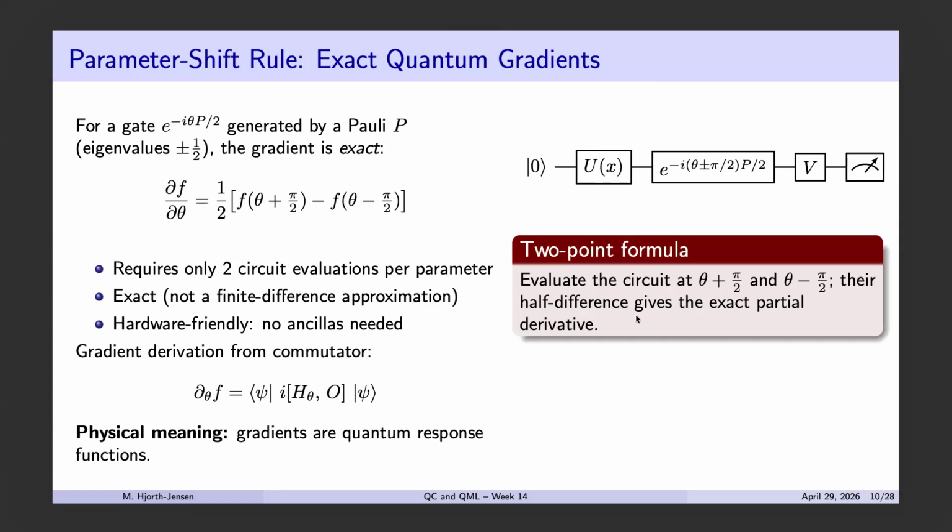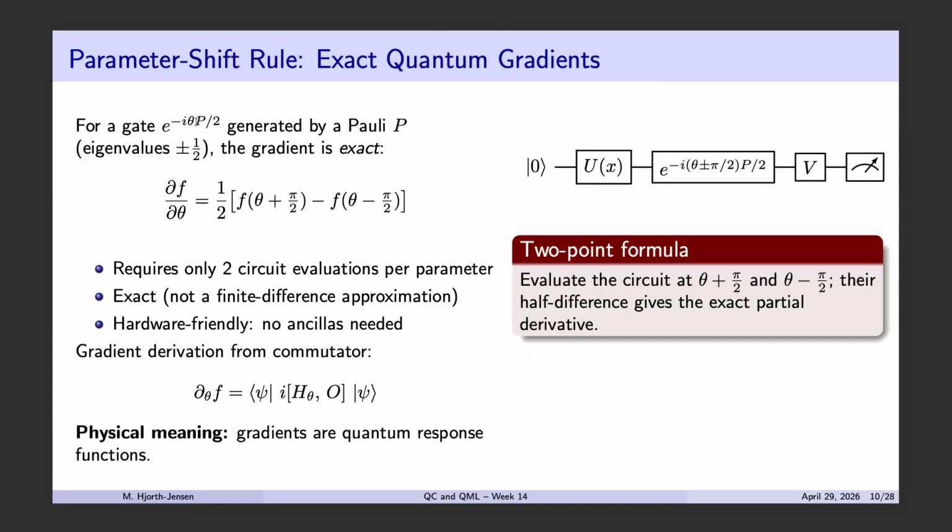Now, when we calculate the gradients, since many of the gates will actually be written in terms of this combination of Pauli matrices, where P is just a Pauli matrix, the gradient can actually be calculated exactly.